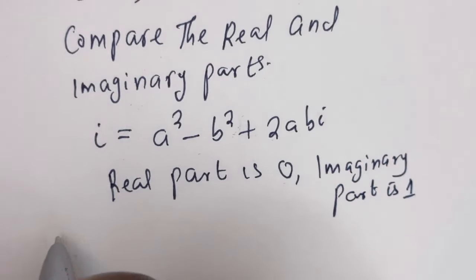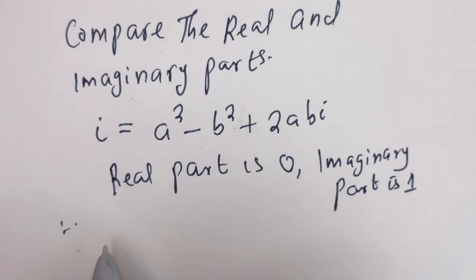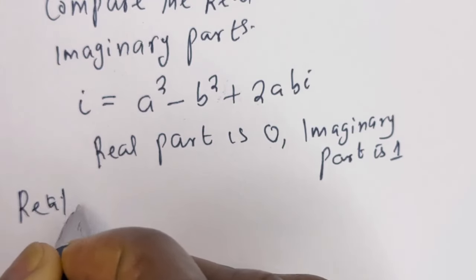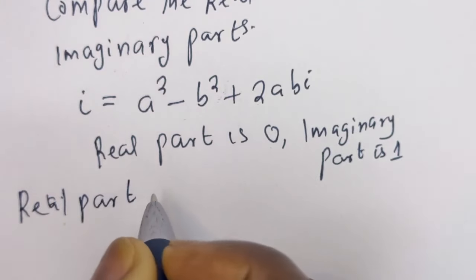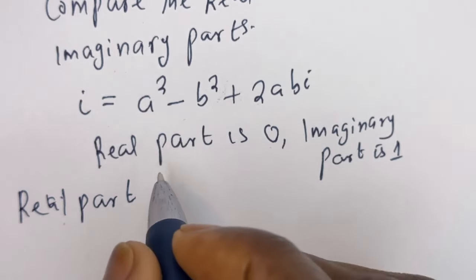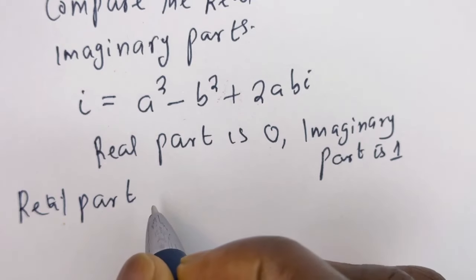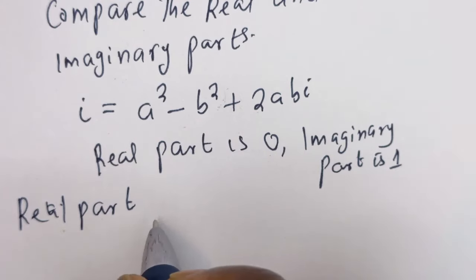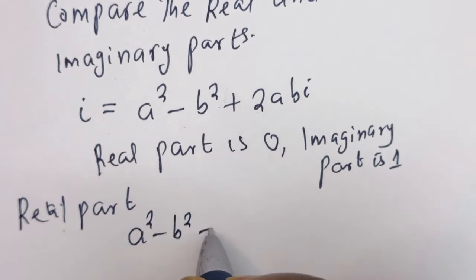So therefore, we compare the real part. On the left hand side, the real part is 0, and on the right hand side, the real part is a squared minus b squared. Therefore, we have a squared minus b squared is equal to 0.